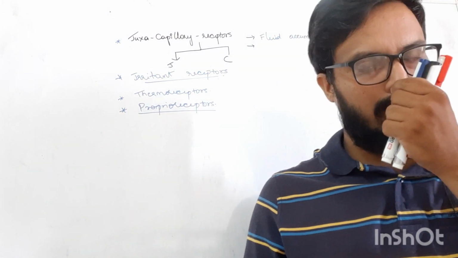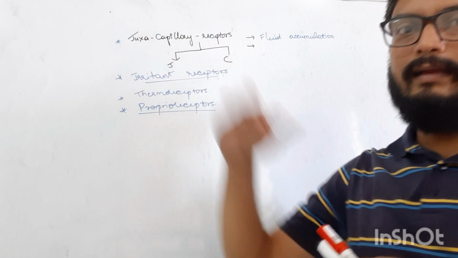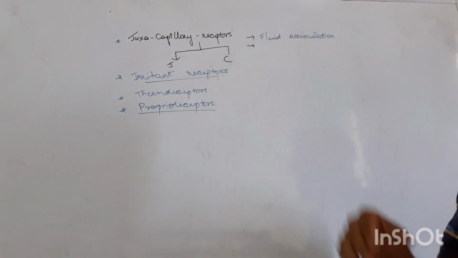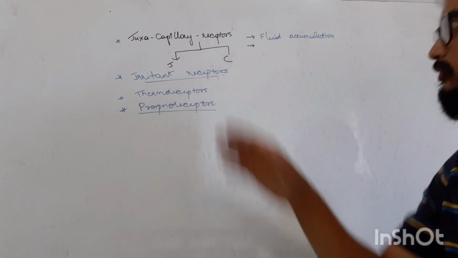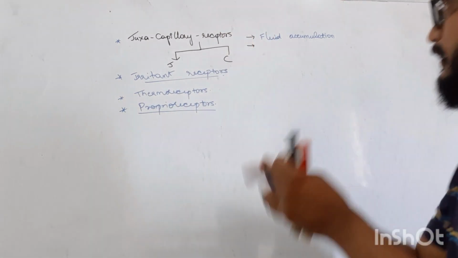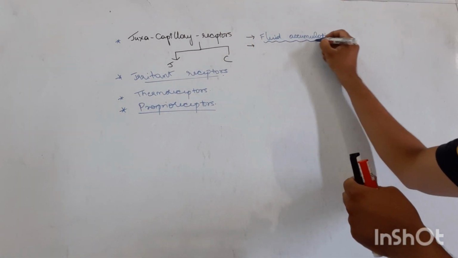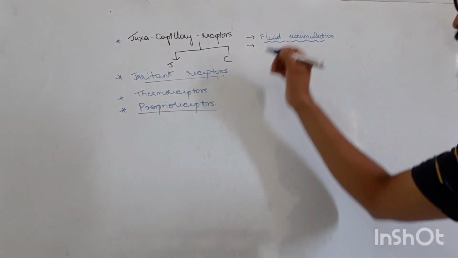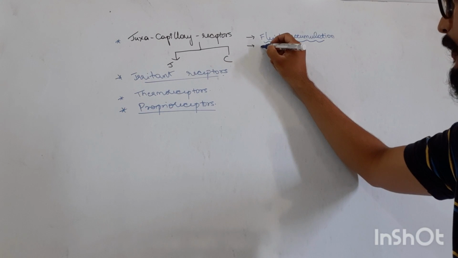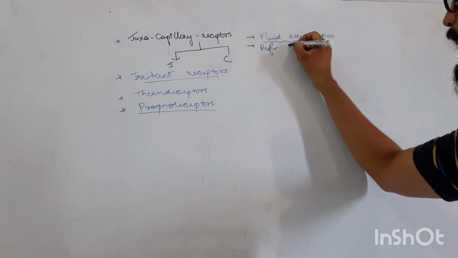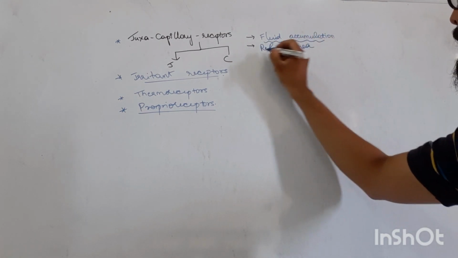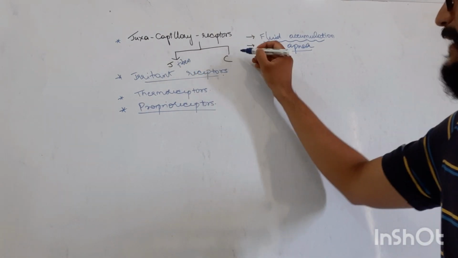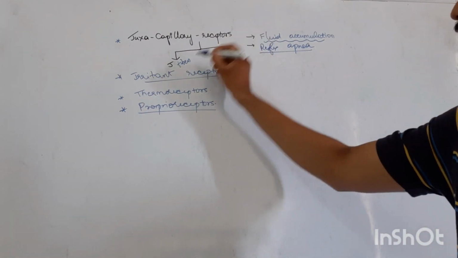Some of them, like the juxtacapillary receptors, are present in the lung parenchyma and also in the interstitial spaces. They detect the fluid accumulation in the lungs, and they may cause reflex apnea. There are two types of fibers from these receptors, called J fibers and C fibers.